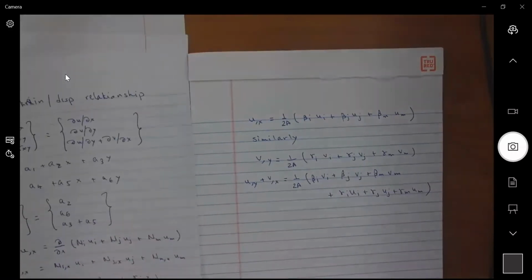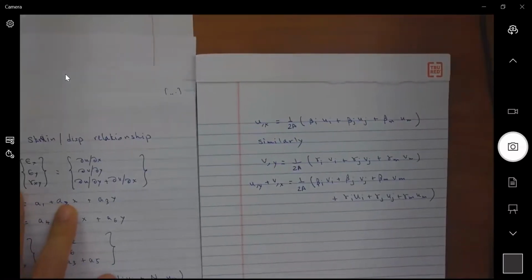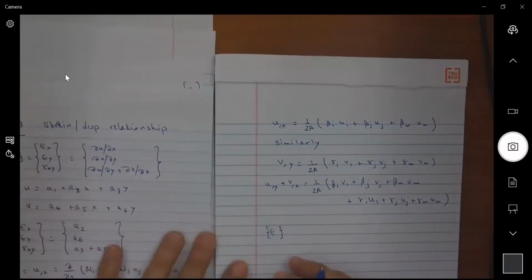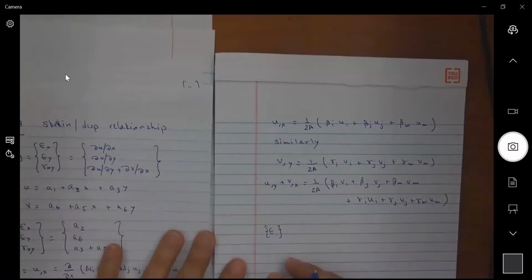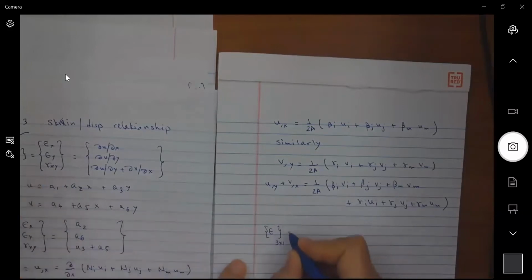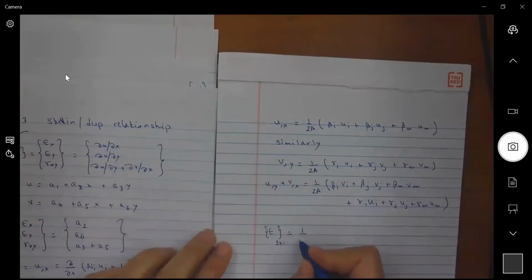Now, I'm going to substitute here in epsilon. So this epsilon is 3 by 1. I'm going to say this is equal to, and I have epsilon x, epsilon y, gamma xy expressed in terms of the partial derivatives. And looking at the partial derivatives, I can take 1 over 2a as a common factor.